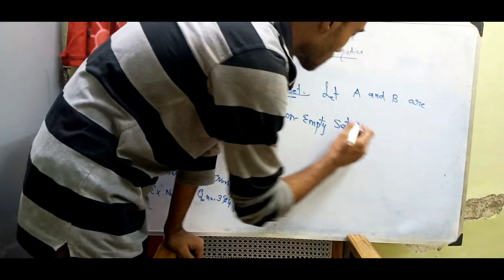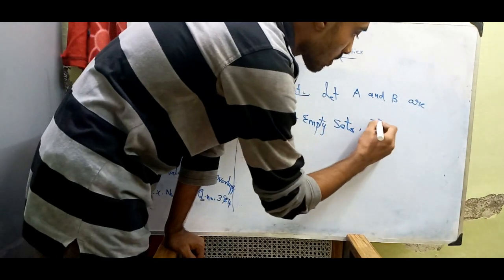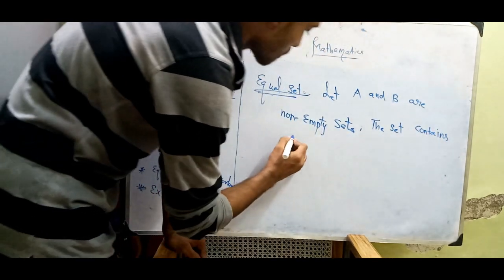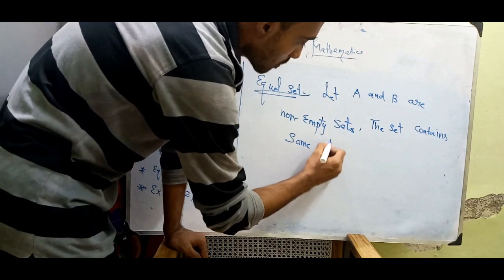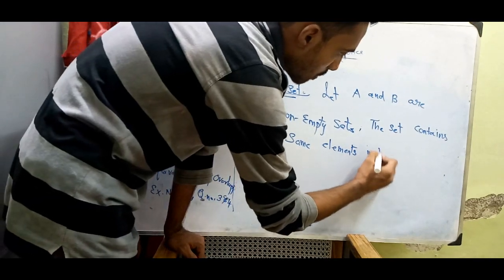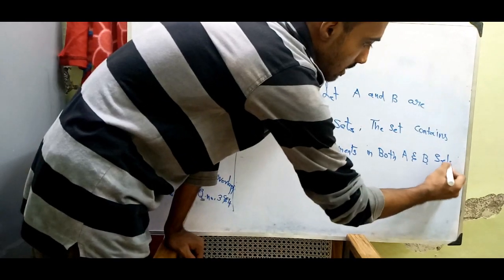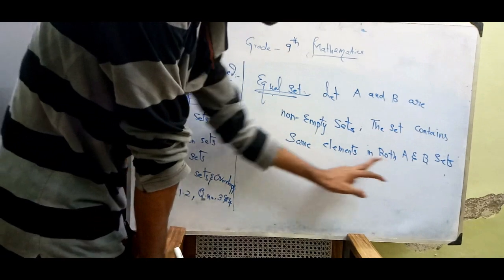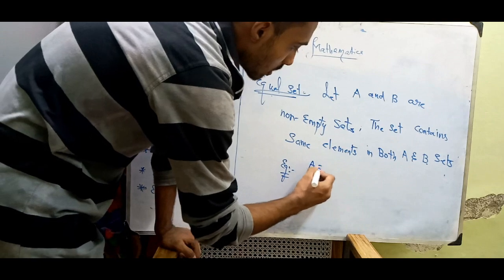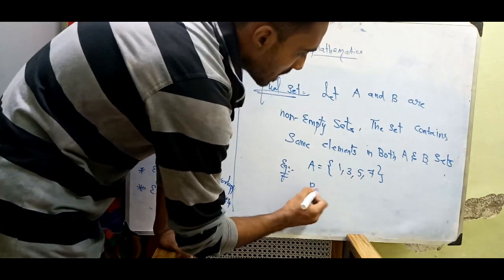Then we write their conditions. What is the condition for equal sets here? The sets contain the same elements in both A and B. For example, A is {1, 3, 5, 7}, and B is {7, 5, 3, 1}.